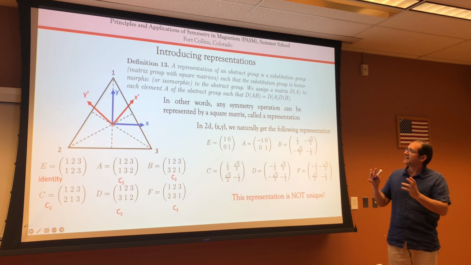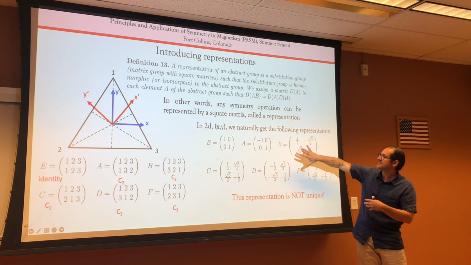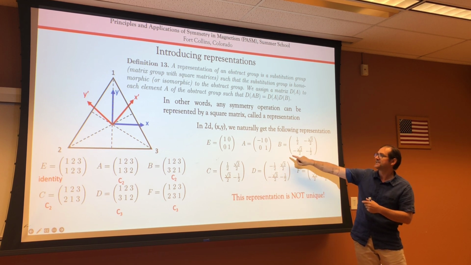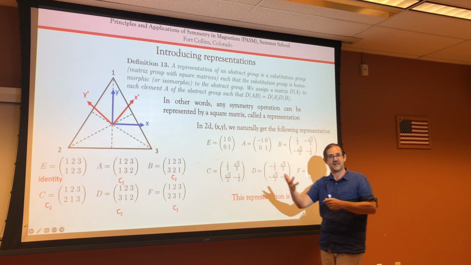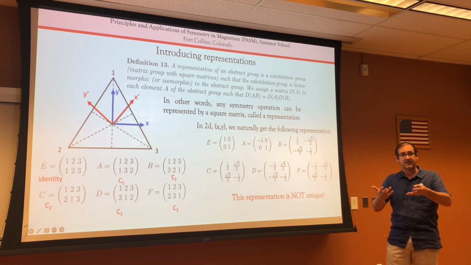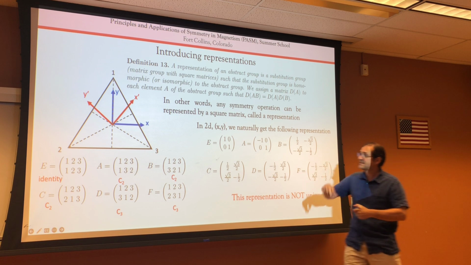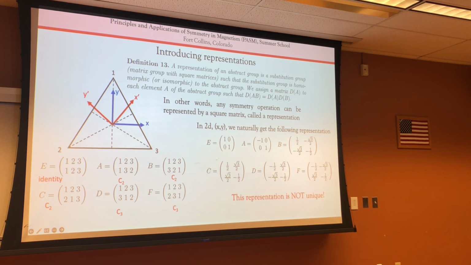Actually, it's a matrix representation of our transformation. The transformation is an abstract concept: I'm transforming in a certain manner. Now, how am I going to transform my vector? Here I'm using the XY frame, and I'm going to have those matrices.